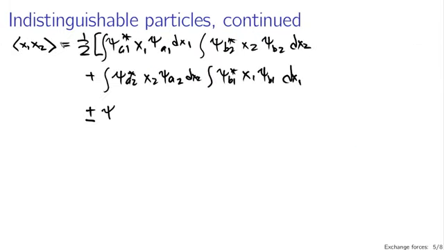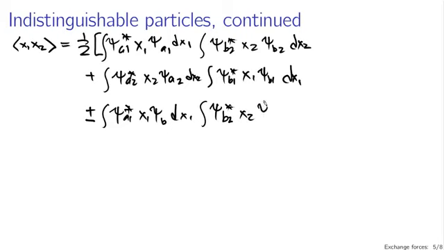So, going back to the expected value of x1, x2, plus or minus is what we're going to get in our cross terms. Plus or minus integral psi a1 star x1 psi b1 dx1 integral psi b2 star x2 psi a2 dx2, and then similarly plus or minus psi a2 star x2 psi b2 dx2.